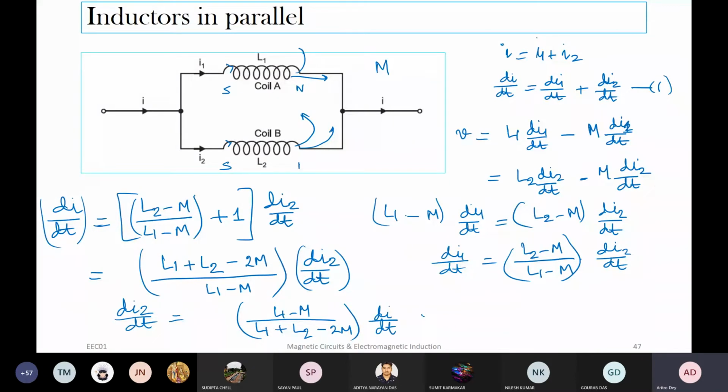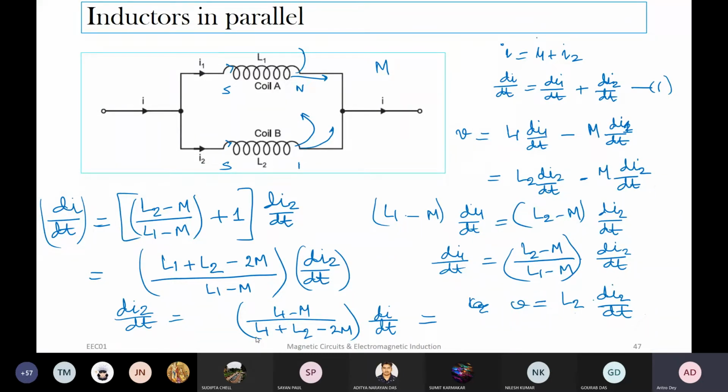Now what is this expression? What is the voltage expression? We can write voltage is equal to L2 into di2 dt. So you simply put their value here. If you substitute here, you can get the value in terms of V is equal to some L equivalent into di dt, and then you will get the overall expression for the inductors.